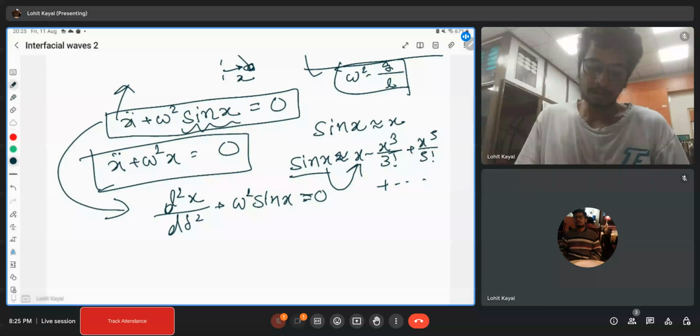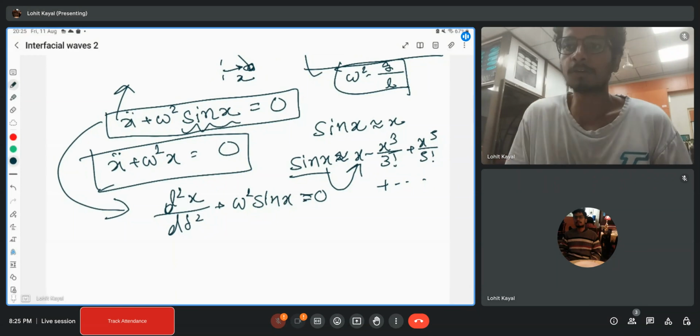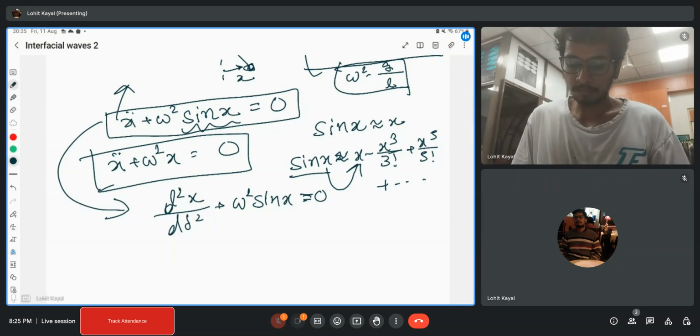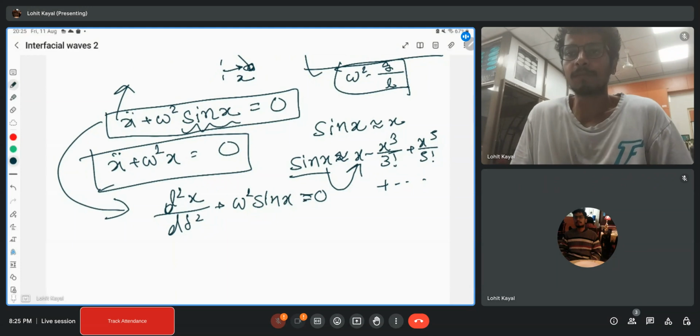It is integrable but you have to use some special kind of thing. But from our general mathematics knowledge, we cannot do anything with it. We know how to solve d2x dt square plus some function into x equal to 0 when this is linear, right? But this is a nonlinear equation.